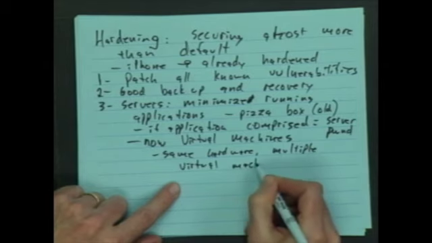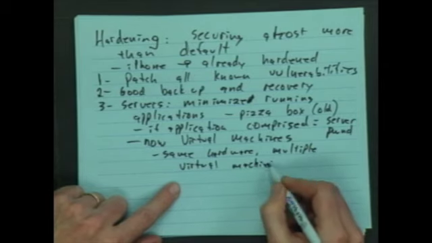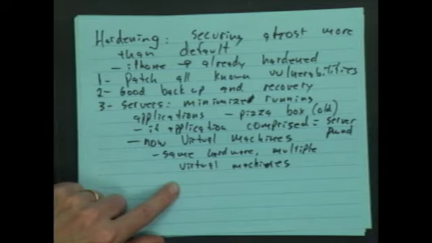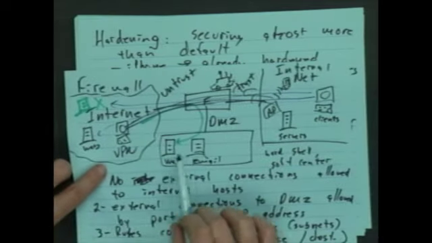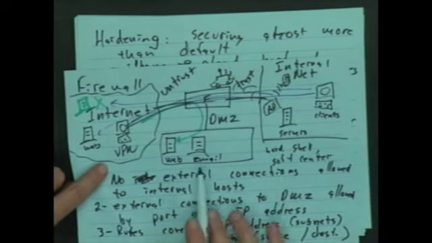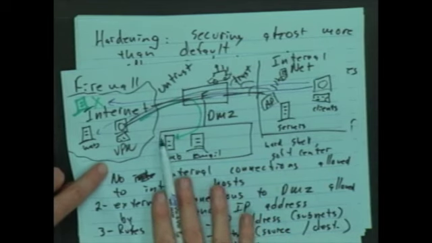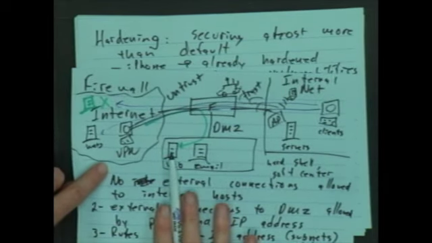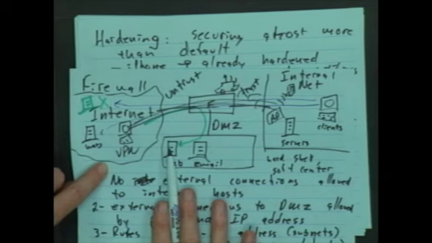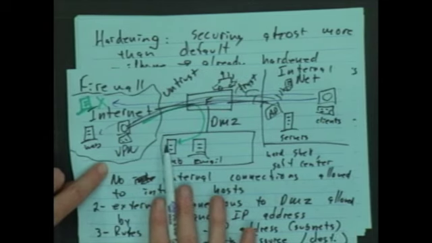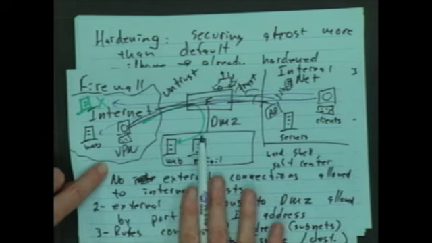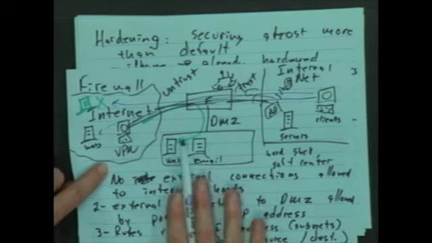So really my email and my web are running on separate servers in the virtual sense, even though it might be the same hardware. So if someone takes out my web virtual machine, then I just have to redo the web virtual machine. My email is still safe. So it's just the same as if they were separated.